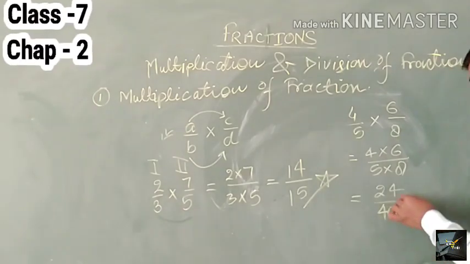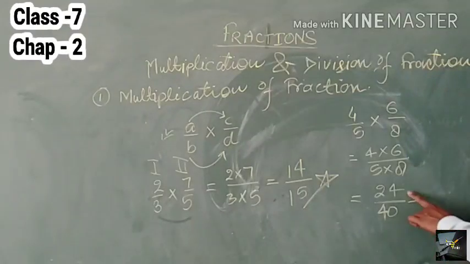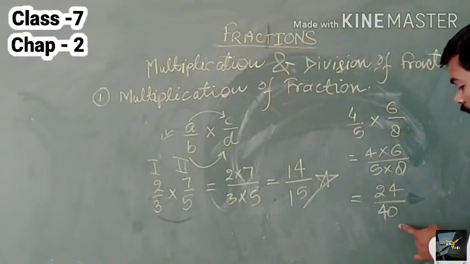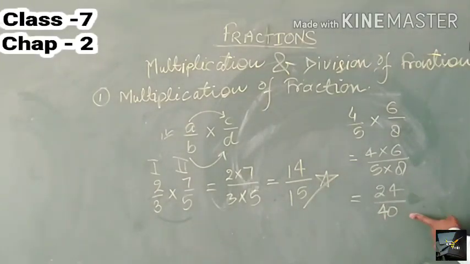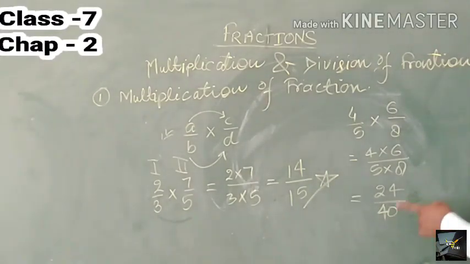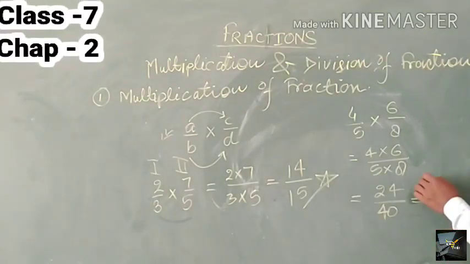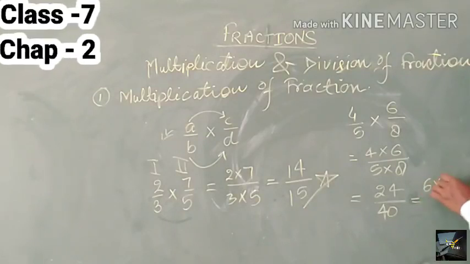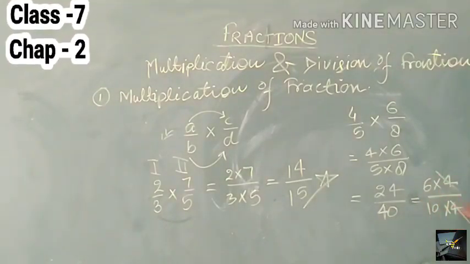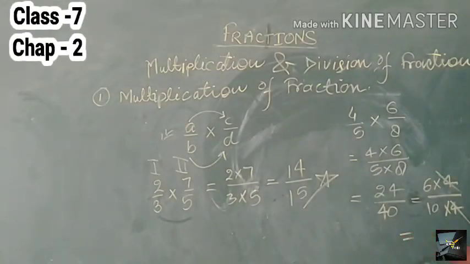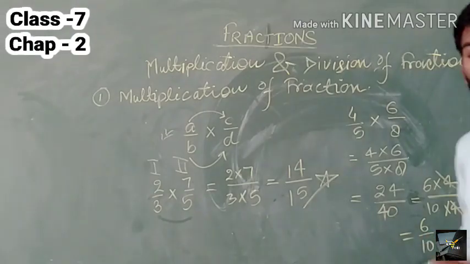Now here we can see that this may also be written as, in this fraction we can see that numerator and denominator both have a common factor, that is 4. Means it may be written as 6 multiplied by 4 upon 10 multiplied by 4, and here 4 and 4 cancel out and we get 6 upon 10.